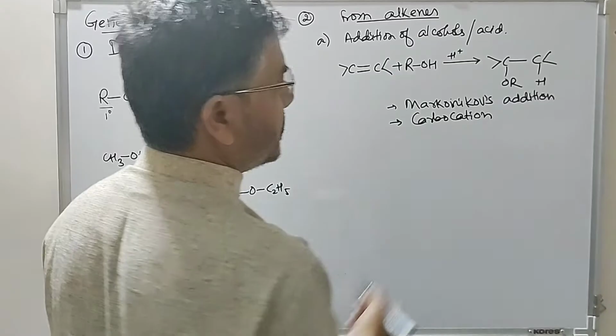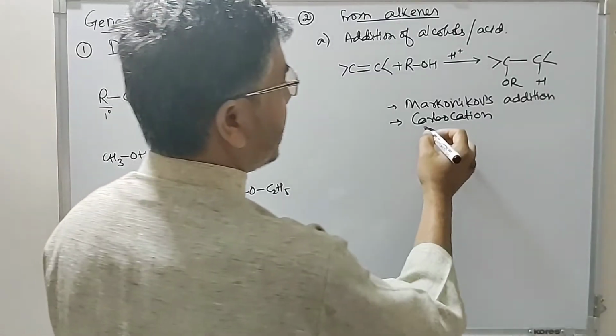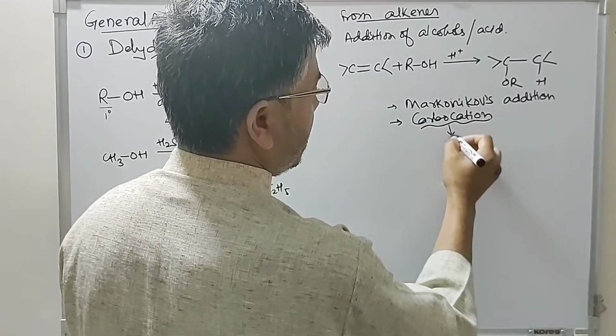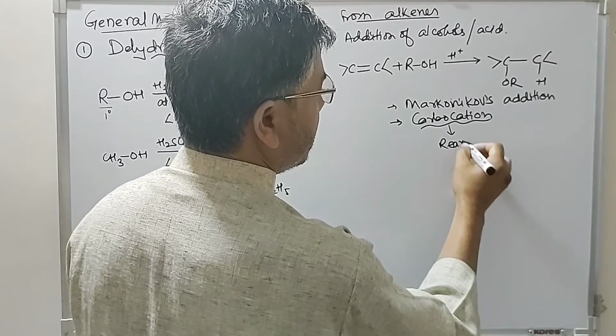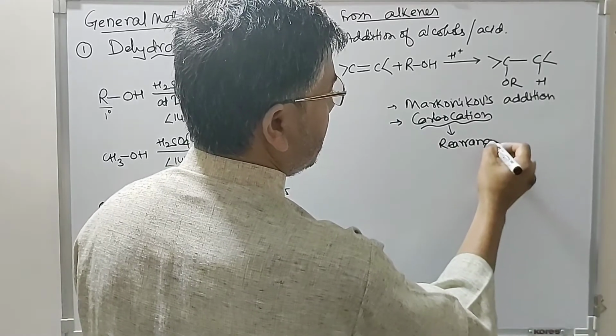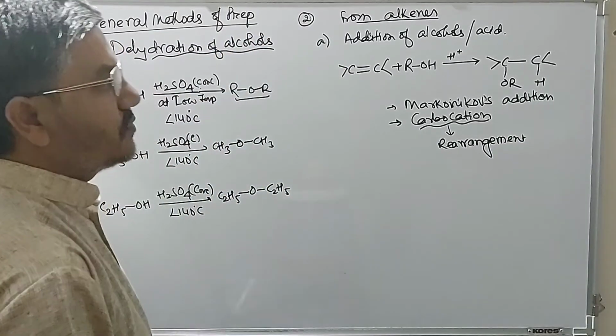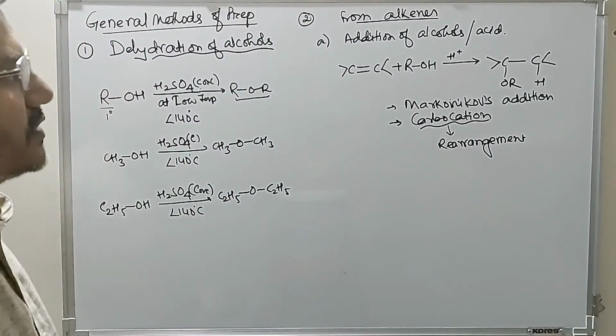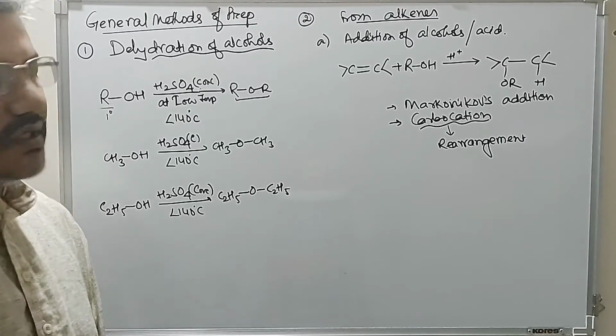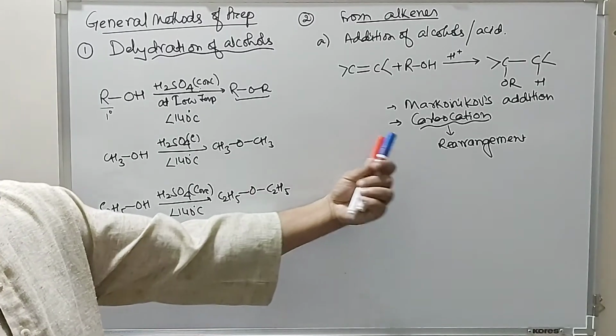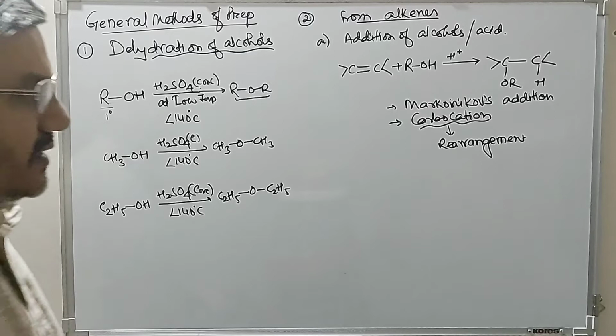So if there is a formation of carbocation, the carbocation has got a property of rearrangement. If carbocation has a property of rearrangement, then there is a possibility of a rearranged product that is formed in this method of addition of alcohols to alkenes.